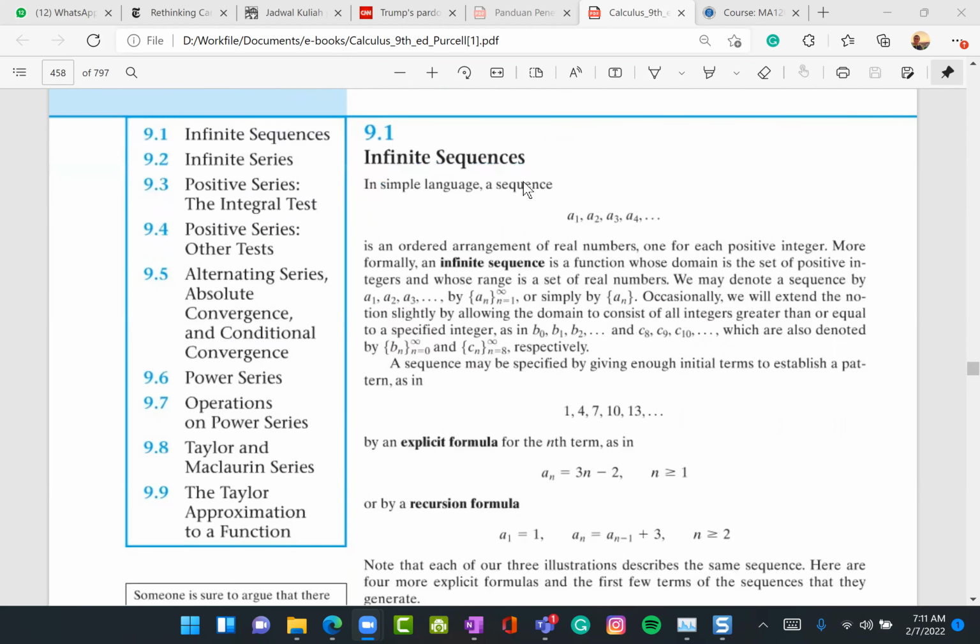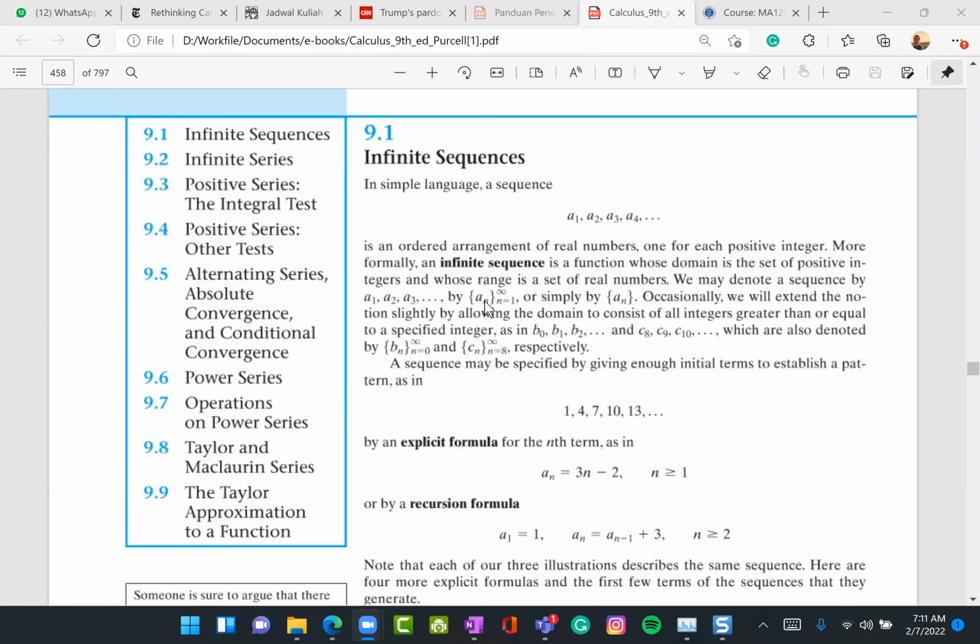Okay, and how do you write down the sequence? Well, you can write down something like this. Just write down a couple of terms, the first terms, and then dot dot dot.